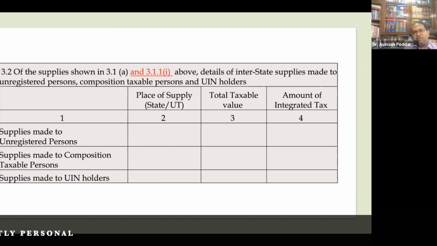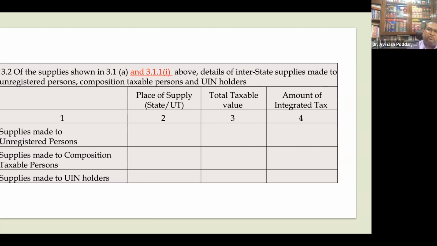So please understand, आप 3.1 में जो entries करते हैं outward supplies की, और अब 3.1.1 में उसके clause 1 में जो इलेक्ट्रॉनिक कॉमर्स ऑपरेटर को भरना है वहां पे आप एंट्रीज करते हैं, तो प्लीज अप्रिशिएट कि वो एंट्रीज में सप्लाई विच इज बीइंग मेड टू अनरजिस्टर्ड पर्सन, supplies which is being made to a composition registered taxable person, and supplies made to UIN holders, ये भी included होती है.